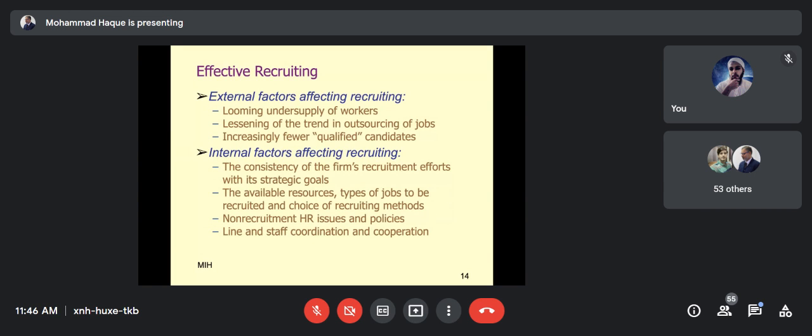Now, what exactly do we want? We want effective recruitment. Effective recruiting has external factors affecting it, that is, the looming under-supply of workers. If supply is less, if the number of available people is less, then choice will become limited and recruitment may not be very effective.